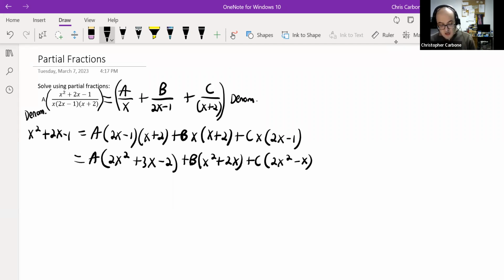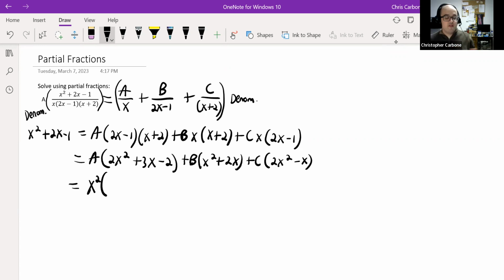Okay, so from these we could separate out the three terms similar to what we have there on the left-hand side, right? We have an x squared term, an x term, and a constant term. So let's start with the x squared term.